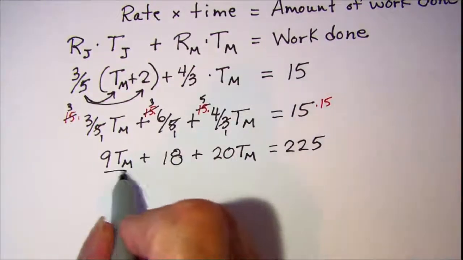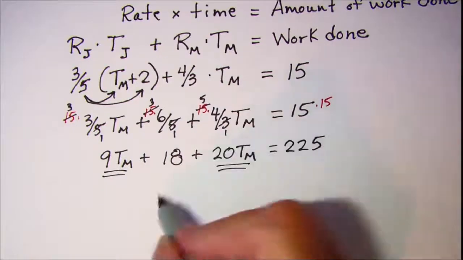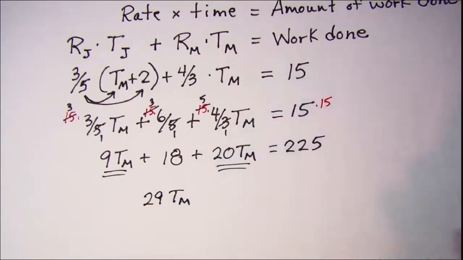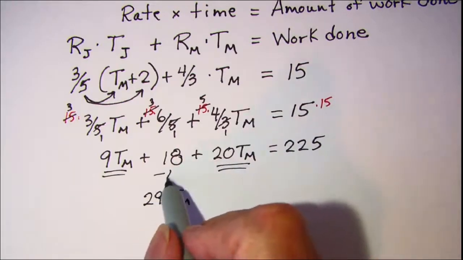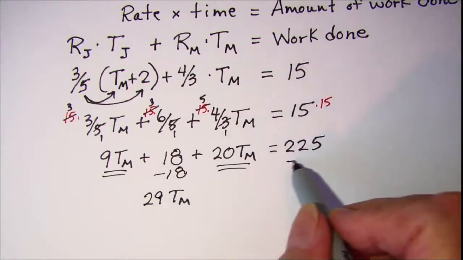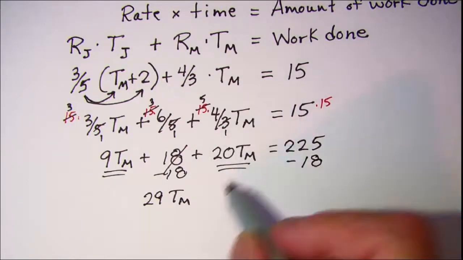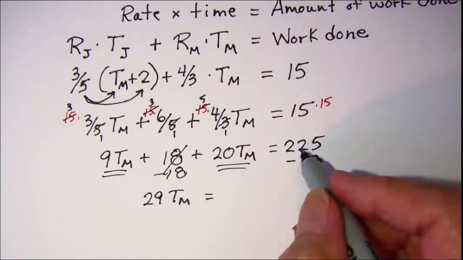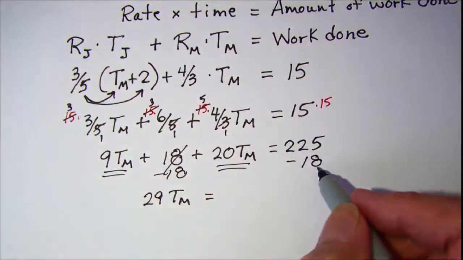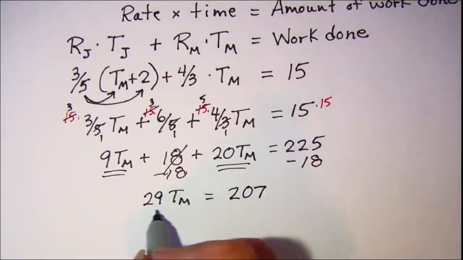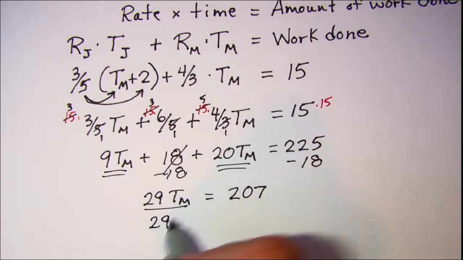Now I can combine these two terms and get 29 T sub m. And let's go ahead and subtract 18 from both sides to get this constant off the left side. And 225 minus 18 is 207. Divide both sides by 29.